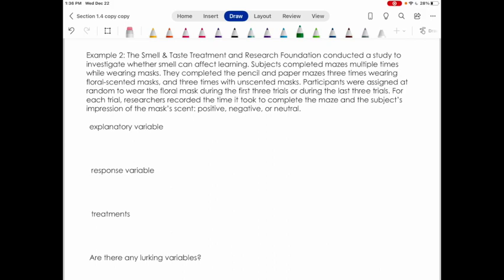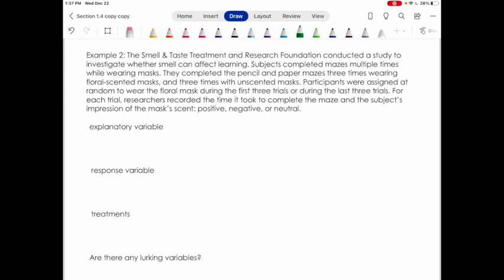So we need to identify the explanatory variable. Remember, the explanatory variable is the variable that we are trying to determine if it's affecting the second variable. Okay, so our 2 variables that we're trying to study in this question is the scent of the mask and then the time it takes to complete the maze.